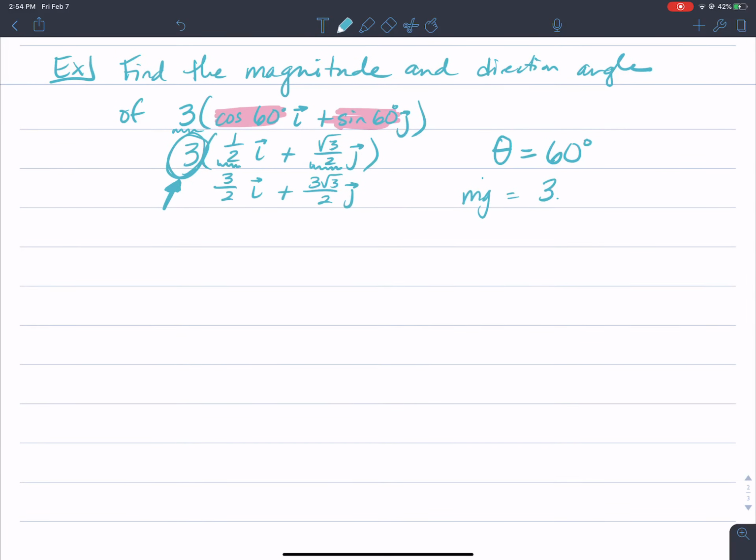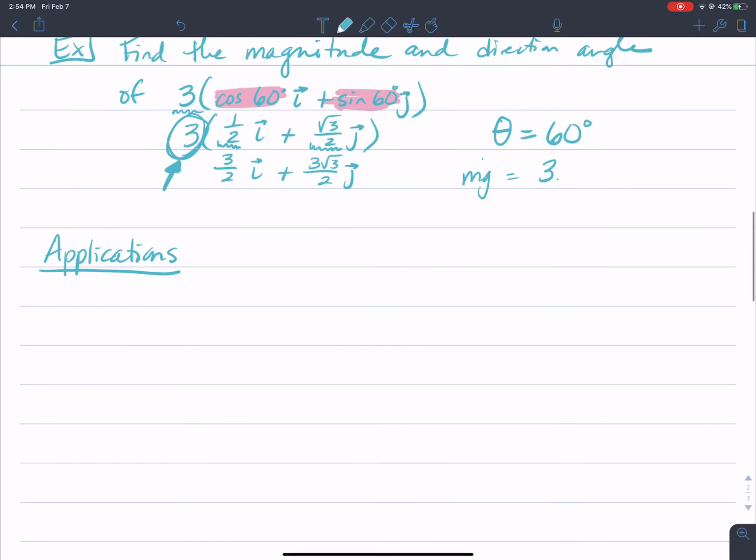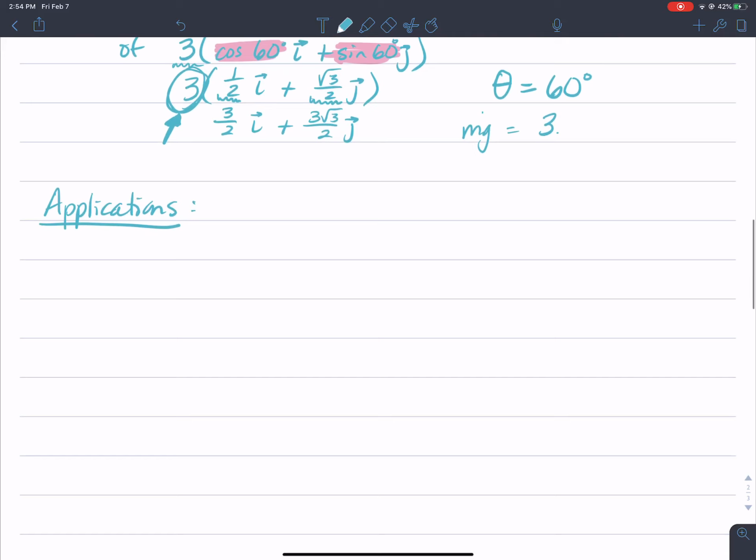All right, so let's talk about the applications, which we will do a bunch of practice with in class. And you will love. So applications, we're going to deal more with things like boats moving in a current, airplanes flying through the air with a wind current, things like that. So we're really going to be thinking about vector as the velocity of those things.